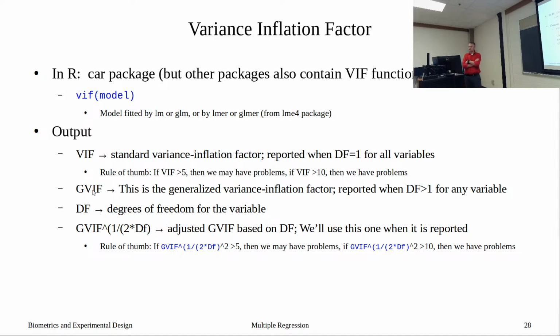GVIF is a generalized variance inflation factor, and this other one is the adjusted generalized variance inflation factor. Anytime we have these columns appearing, this is the one that we use. What we're basically doing is adjusting the variance inflation factor for the degrees of freedom that we have. So if we had 2 or 3 or 4, we need to adjust that variance inflation factor to account for that. But our rule of thumb still stays the same.